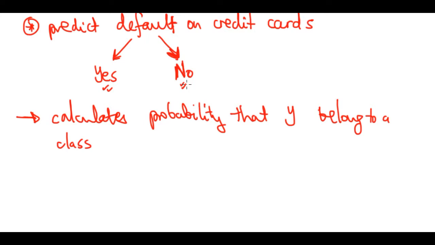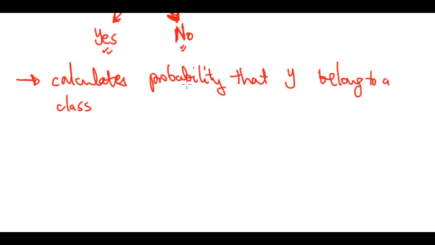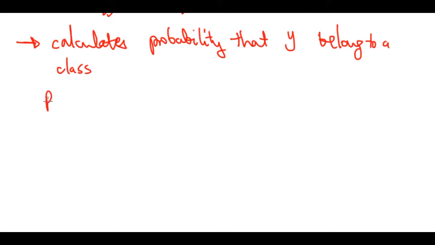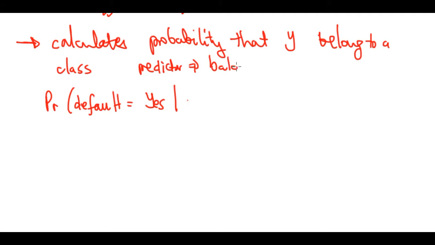So what we're basically saying here is the probability of default being equal to yes, given, let's say we're predicting default based on the predictor. Let's say the predictor that we're using is a person's balance in their account. What balance do they have on their credit card? We are going to predict whether they're going to default based on the balance that they have in their account.